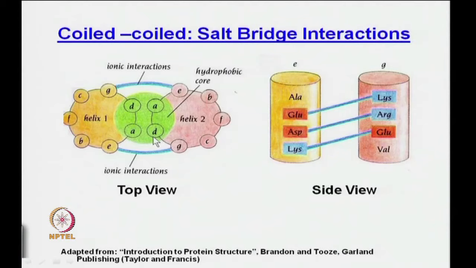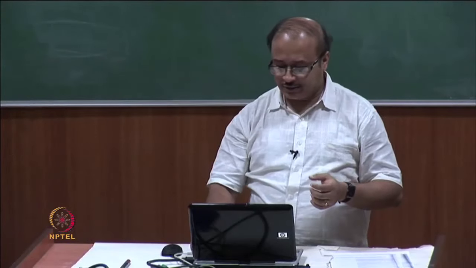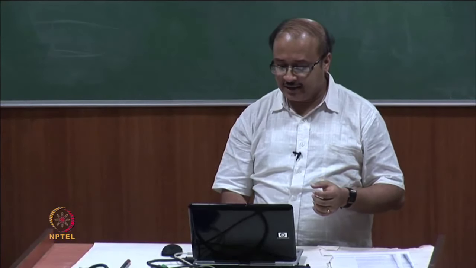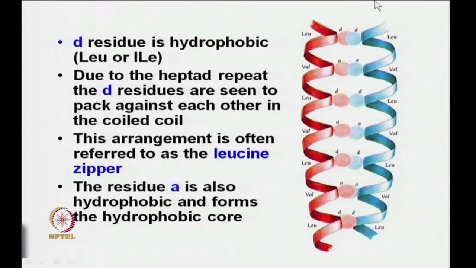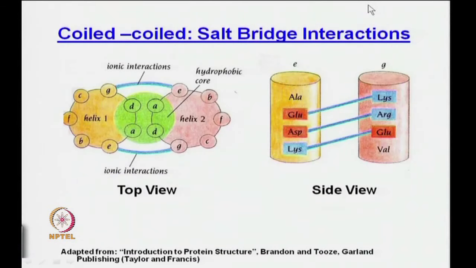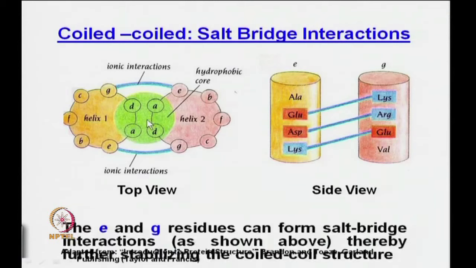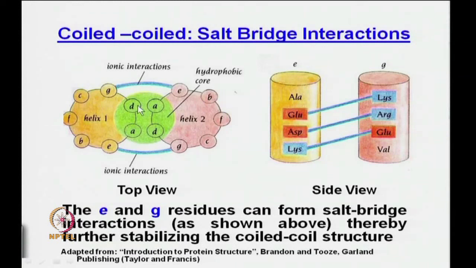If you look at this, you are looking at the helices from the top view. You are just looking at them from the top, and because of the top section, you can see how these are arranged. Now, you see this green portion, made up of these A and D residues, which form the hydrophobic core.